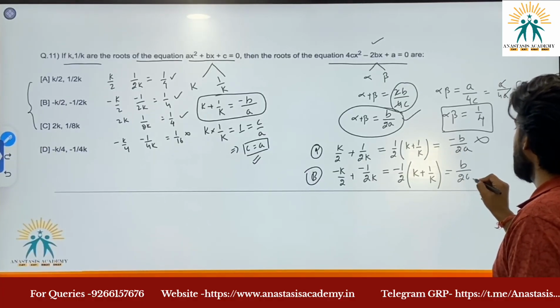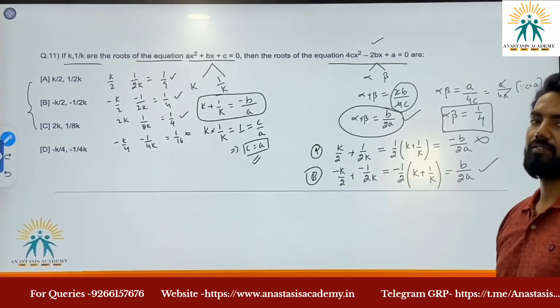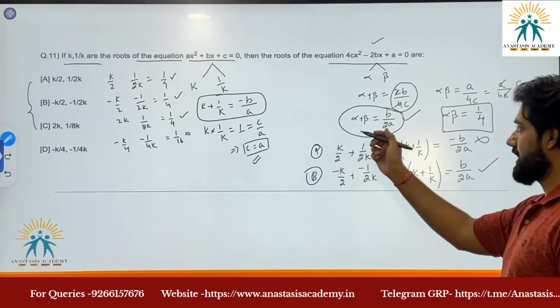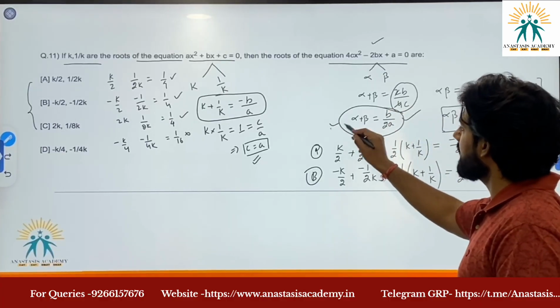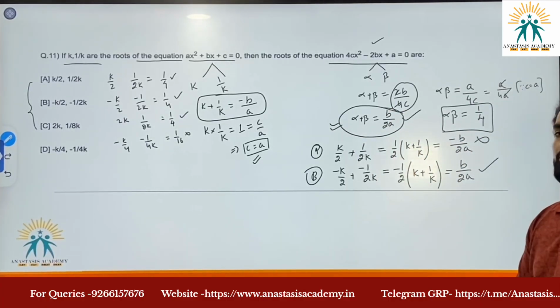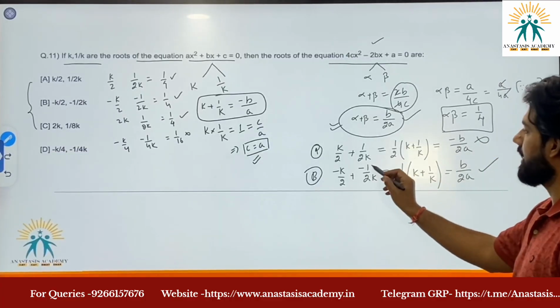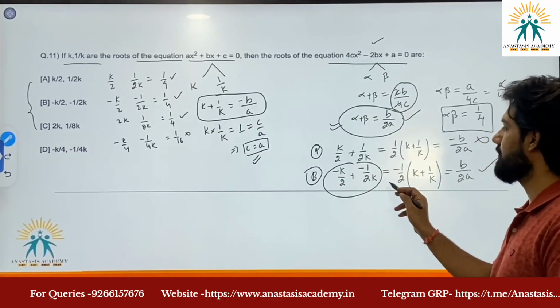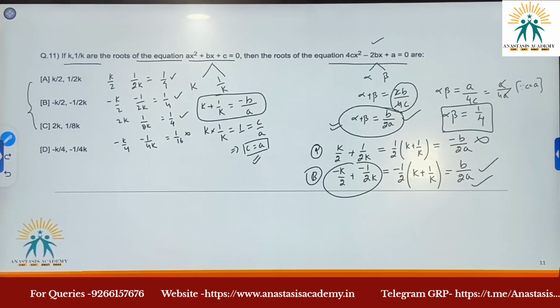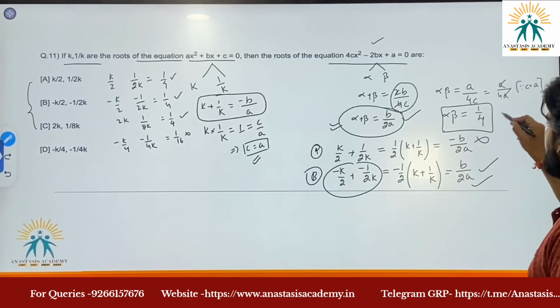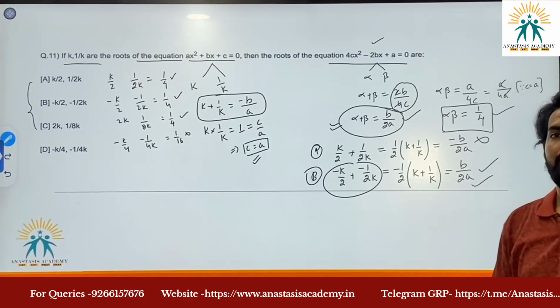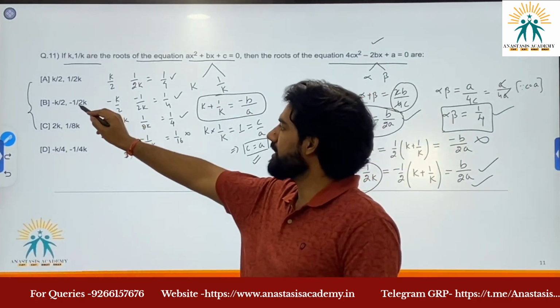So it becomes b by 2a, which is indeed satisfying the condition which I got earlier, that sum of roots is b by 2a. So in this case, if roots are −k by 2 and −1 upon 2k, sum of roots comes out to be b upon 2a, and product of the roots is 1 by 4. So the correct answer to this question is option B.